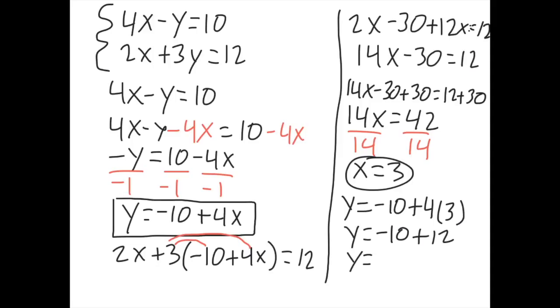So y equals negative 10 plus 12 is 2. So we have x equals 3, y equals 2, and to put that as a point, we can say the point 3, 2. And remember, you can go back, plug 3 and 2 back into both of the original equations, and if they equal the same number, then you did the problem correctly.